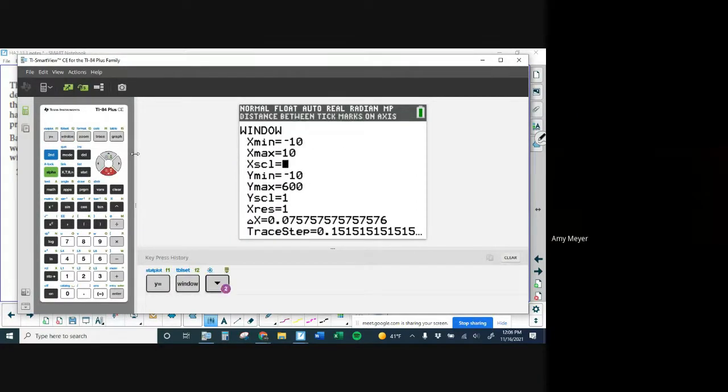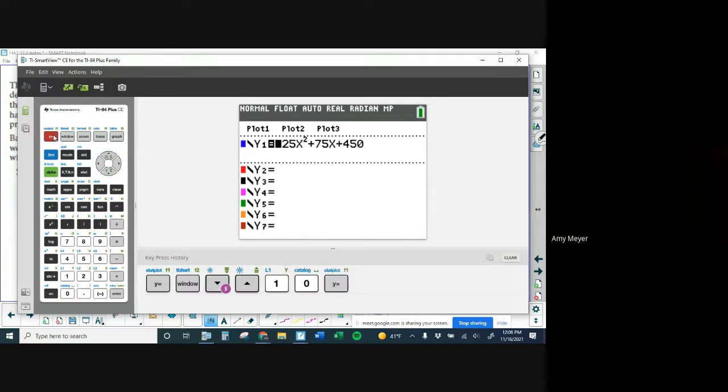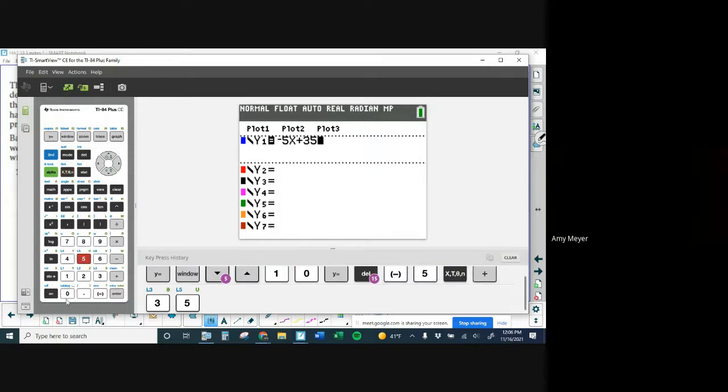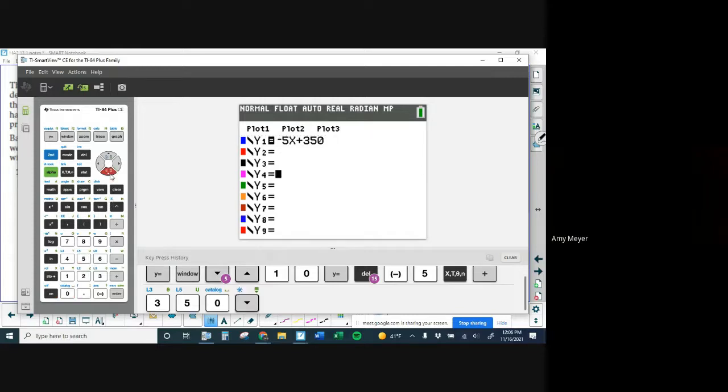My window's still set at 600 from the other day, so I'm going to put it back to -10 to 10. We'll see what it looks like. -5x plus 350. I'm going to put my 1/10 in parentheses, just to be safe.